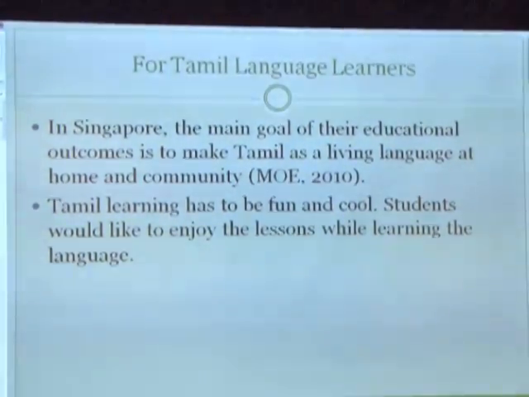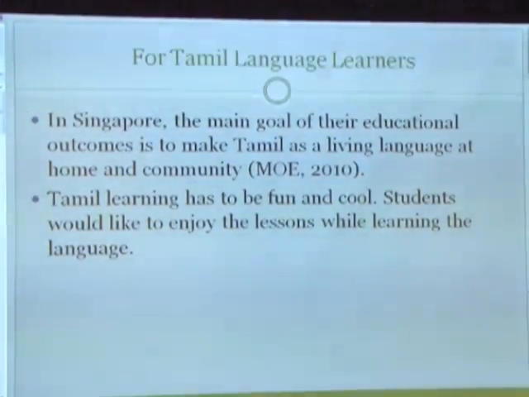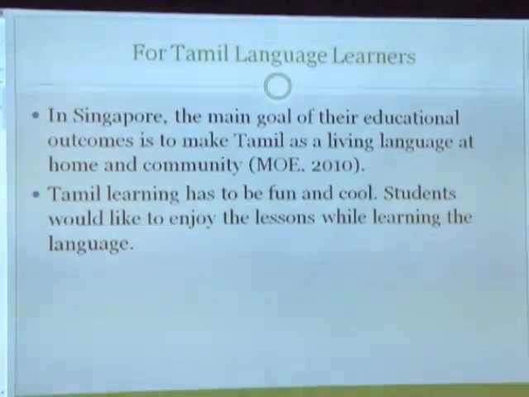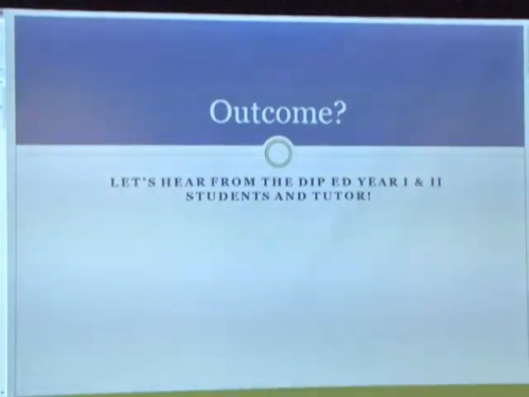At home also a question mark, in community also a question mark. Since the community is a minority community, we have to develop this kind of interaction. Tamil learning has to be fun and cool. Students would like to enjoy the lessons while the learning is very fun, and then through Facebook they can learn language with full interest. Okay, what are the outcomes?